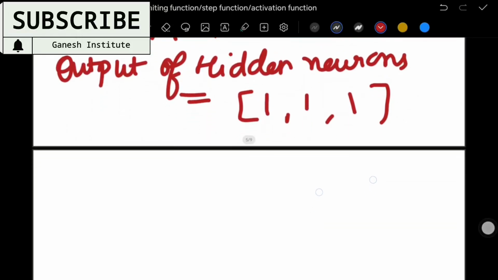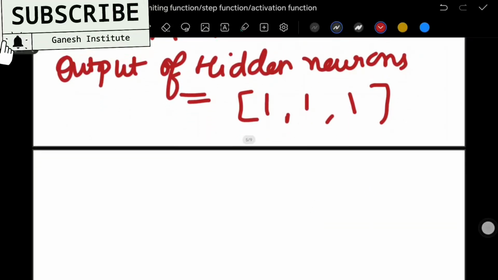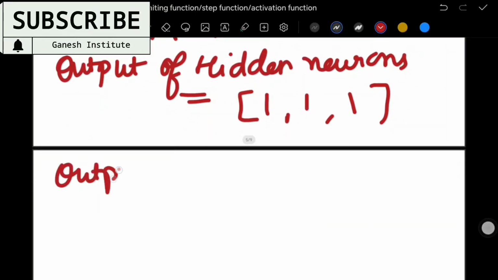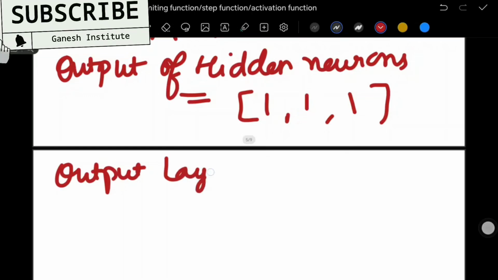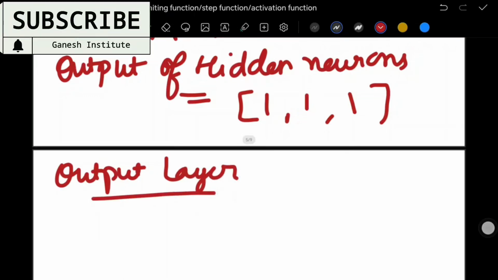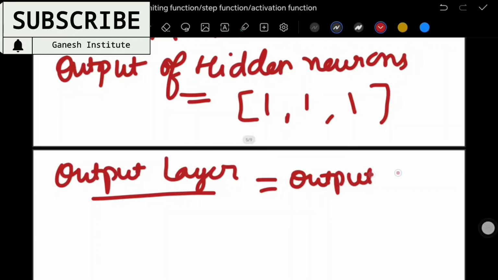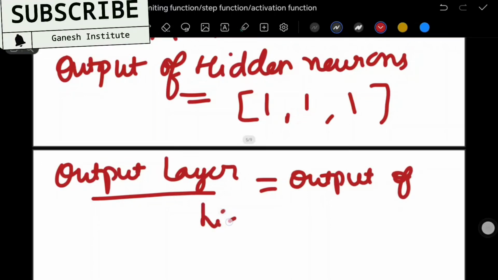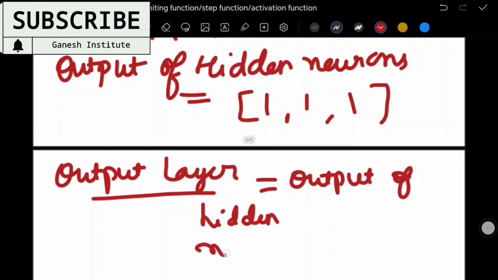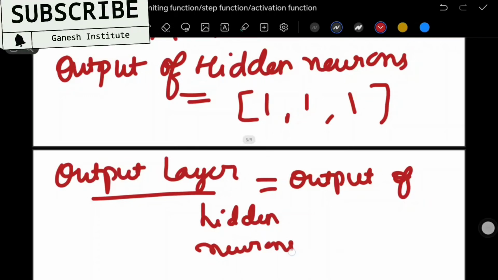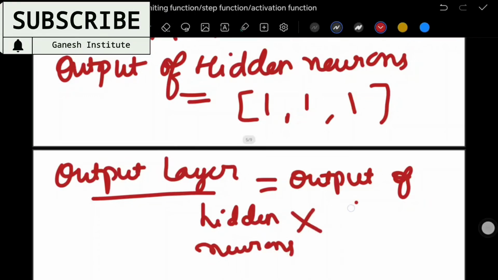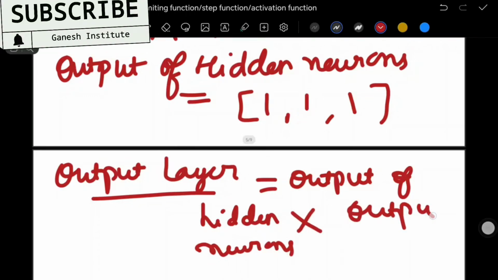This is the output of the hidden neurons. We have to calculate the output layer also. The formula for the output layer is that the output of the hidden neurons gets multiplied with the output neuron weights.